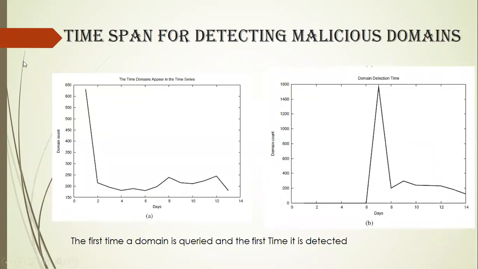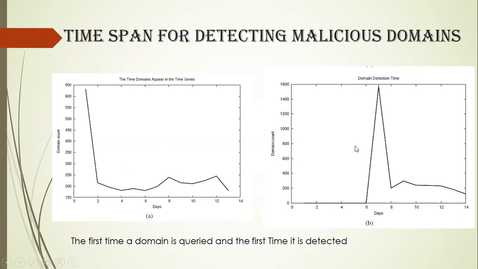This is the time span for detecting malicious domains, when the domain requests are coming in during these days. Initially they got a domain count of more than 600 to 650. Later on it decreases.